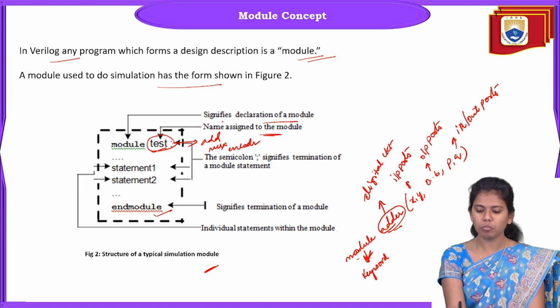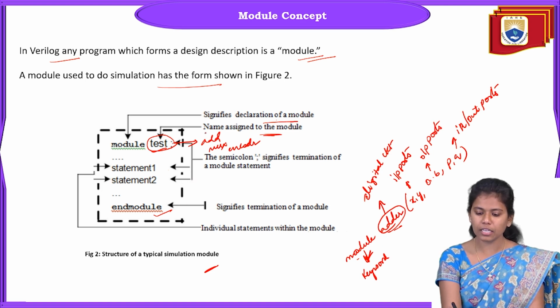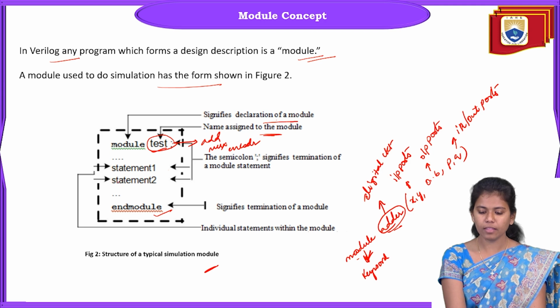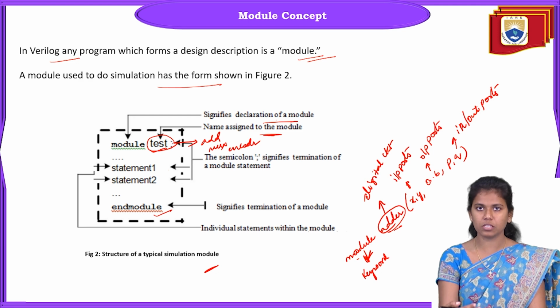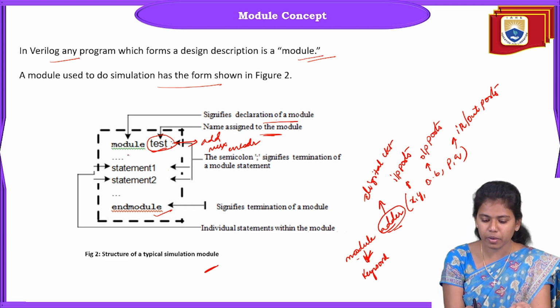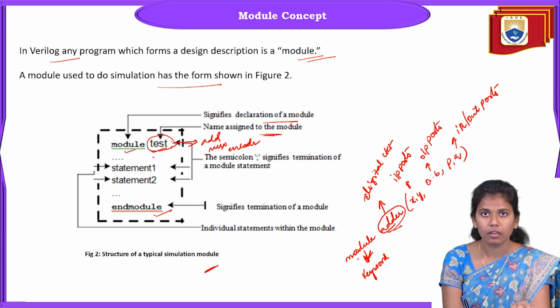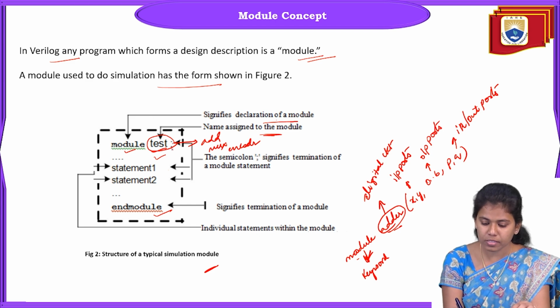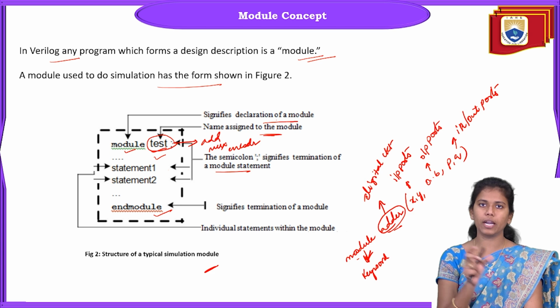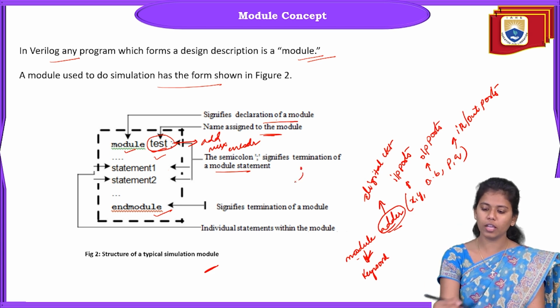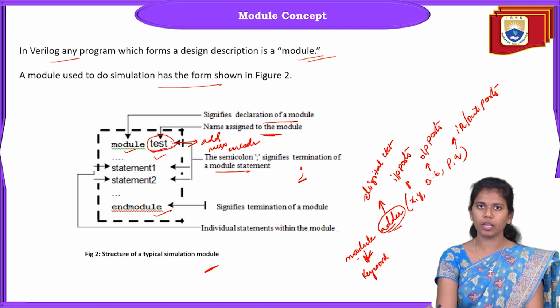Remember, after the module keyword and the name of the module comes a semicolon. The semicolon signifies the termination of the module statement. After each module statement, we have to end it with a semicolon. It is an important and foremost thing to remember.